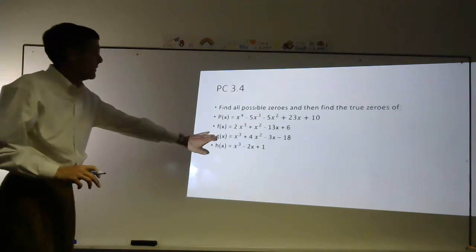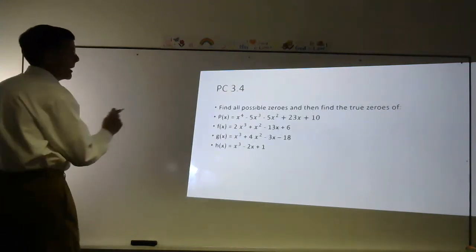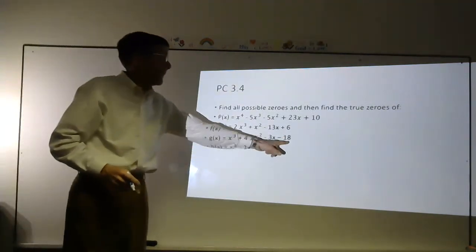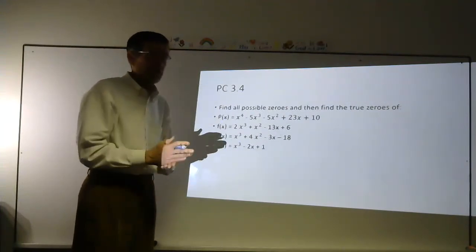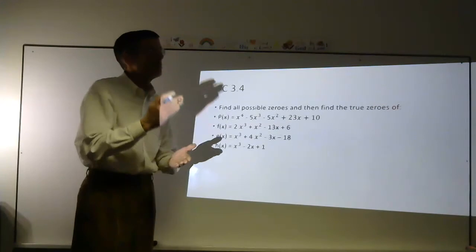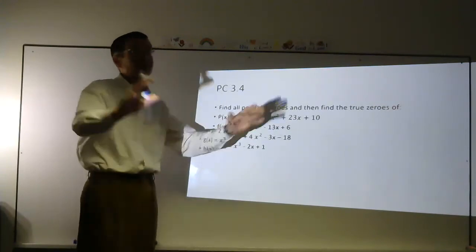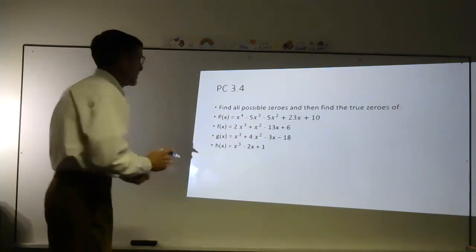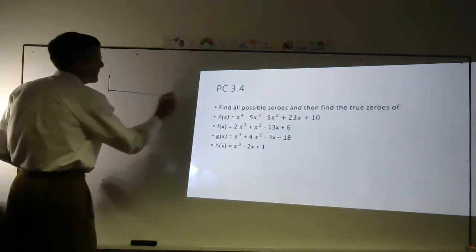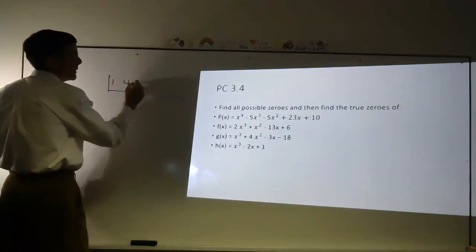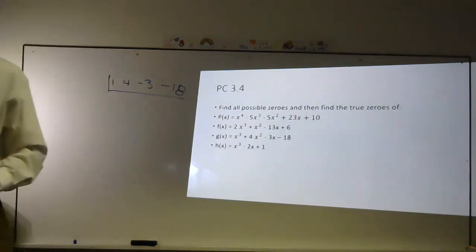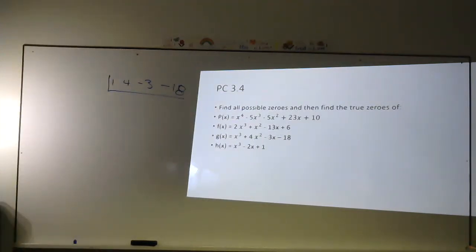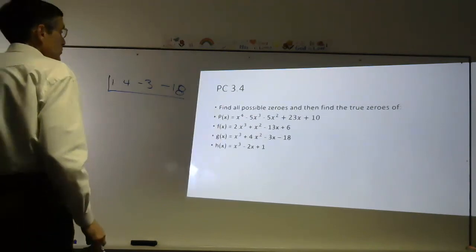Okay? Let's go to this one. Possible zeros would be factors of 18 all over 1. So it's plus or minus 18, plus or minus 1, plus or minus 2, plus or minus 3, plus or minus 6, plus or minus 9. Right? Okay, here we go. So we have 1, 4, negative 3, negative 18. Notice there are no missing terms.